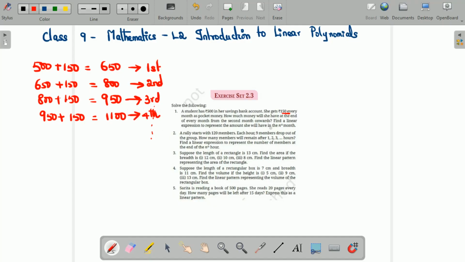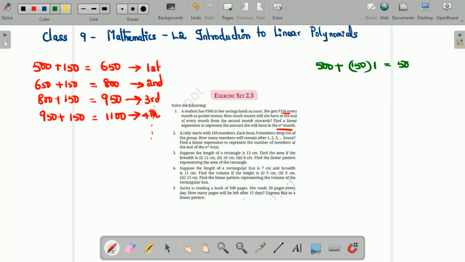Now they are asking to find a linear expression to represent the amount she will have in the nth month. Let me look at it another way. I have 500 first, and at the end of the first month I was added 150, so I can look at it as 150 into 1.